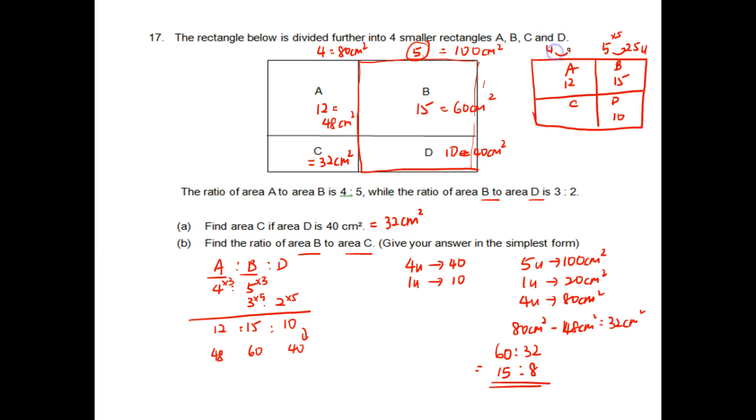So 4 times 5 will be 20. So 20 minus 12 will be 8 unit. Okay, so my C is 8 unit, my B is 15 unit. And how to find the area? 10 unit is 40 cm square, 1 unit 4 cm square, 8 unit 32 cm square. That is an alternative solution.